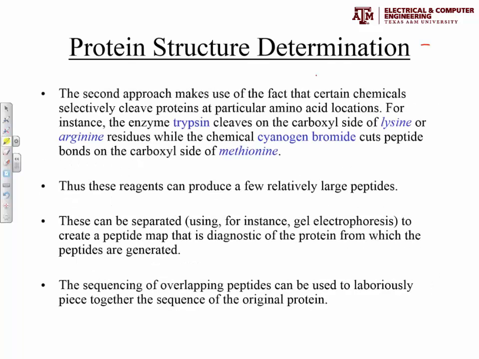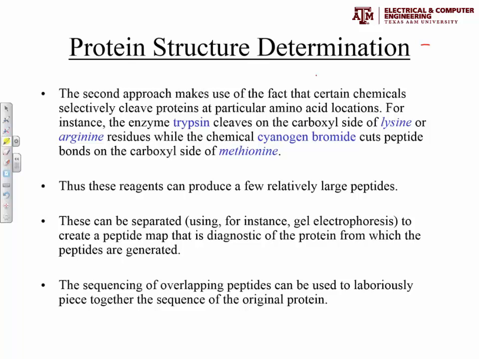Now the second approach to find out the protein structure, or the primary sequence of amino acids, makes use of the fact that there are certain chemicals which are known to selectively cut proteins at particular amino acid locations. For example, there is an enzyme called trypsin, which will cut on the carboxyl side of lysine, right?